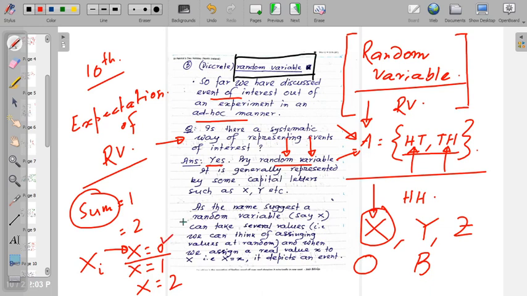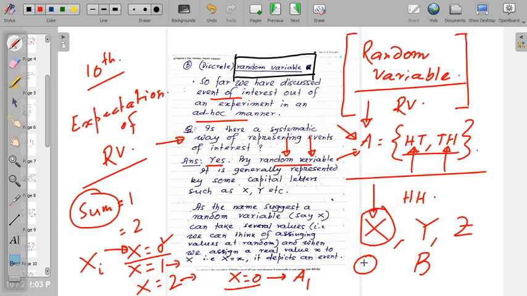It can take value 0. That means this X equal to 0 will denote one event, say A1. X equal to 1 will denote another event, and X equal to 2 will denote another event. We are looking for the events, that is, the number of heads, whenever we are flipping 2 coins simultaneously.